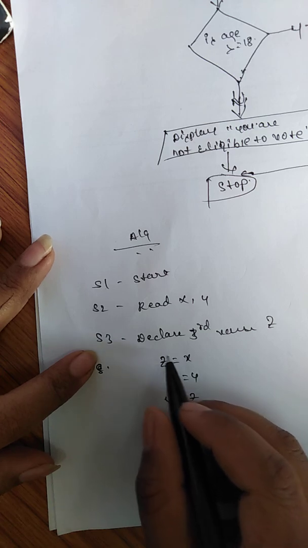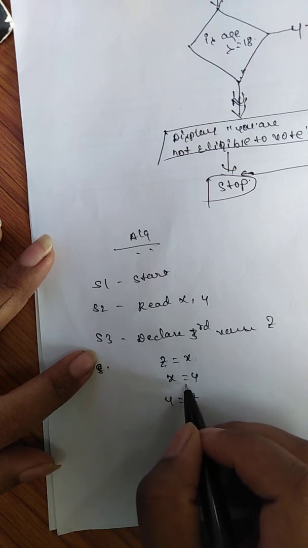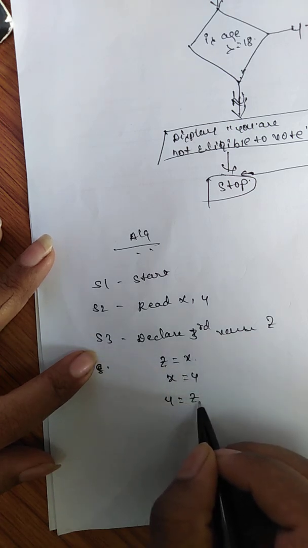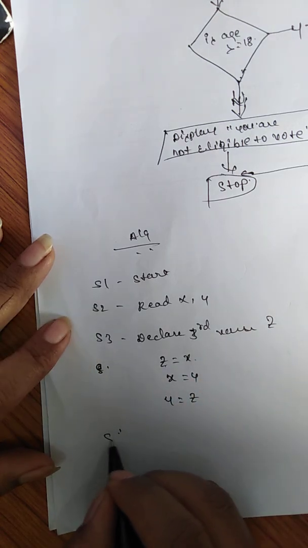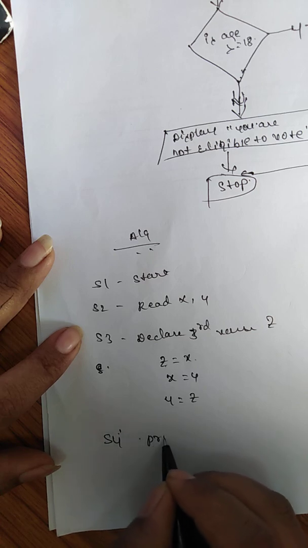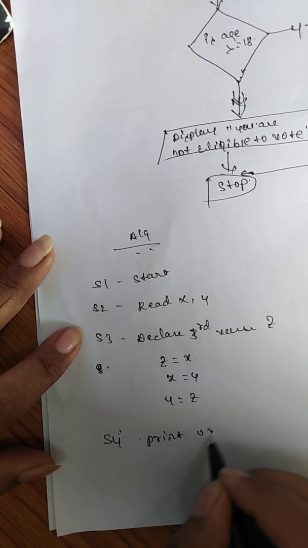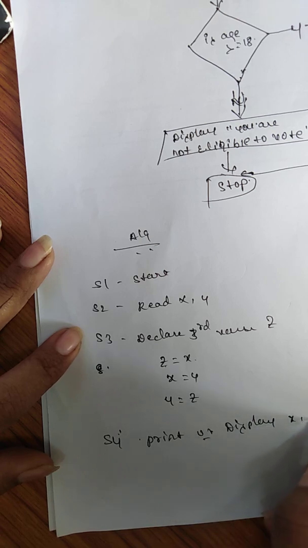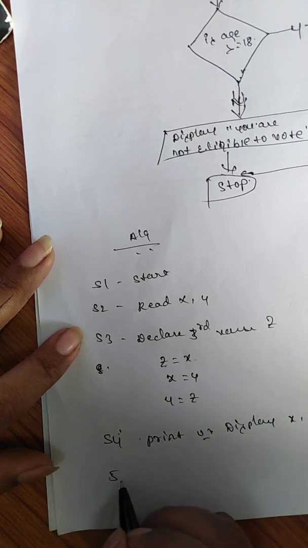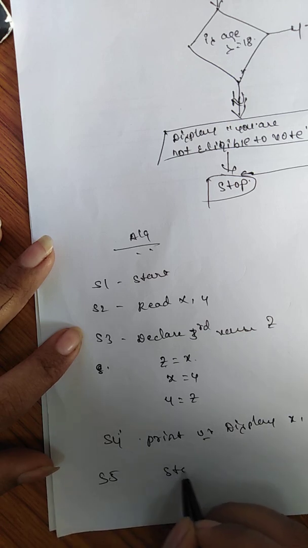The z value will be equal to x, the x value equal to y, the y value equal to z. Then step 4: we print or display the values x and y. Step 5: stop the program.